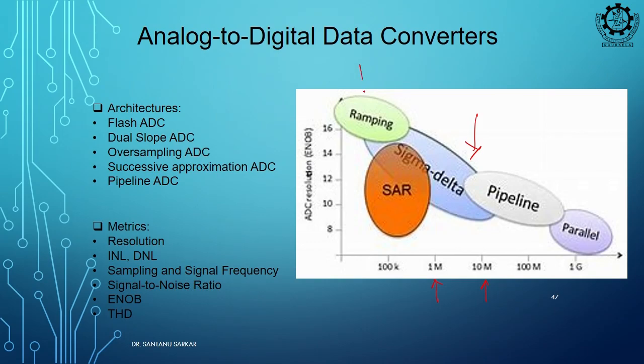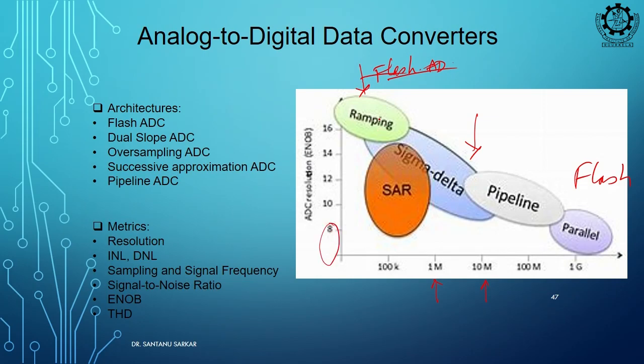For example, you may have heard about flash ADC or ramping ADC. Flash has very high speed, it is a comparator based ADC, right, but its problem is that it consumes very high power, and also its resolution is very low. This is resolution, how many bits.